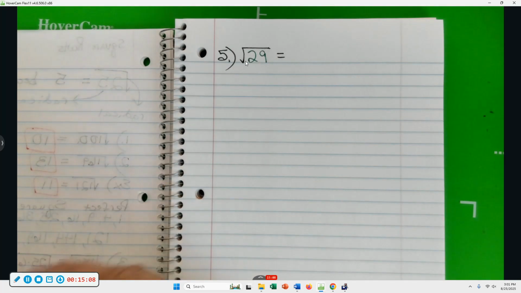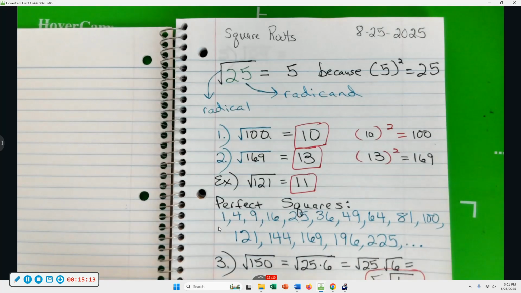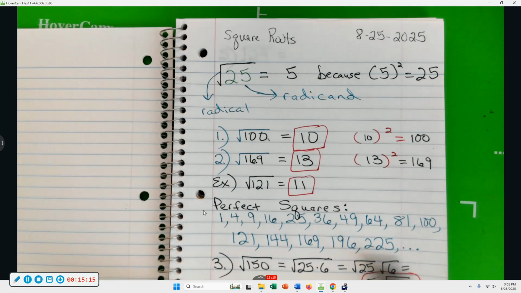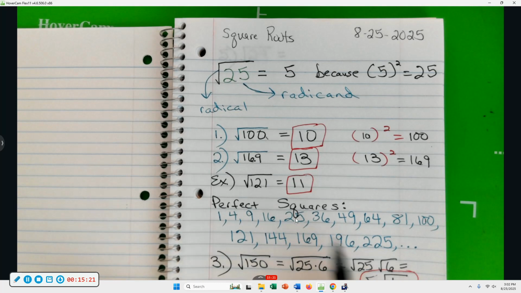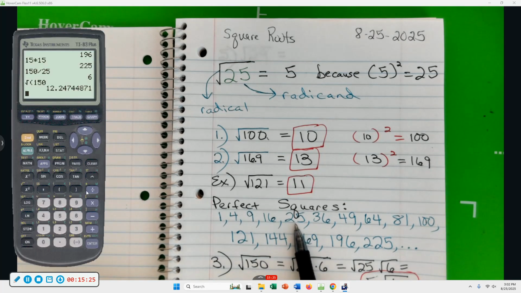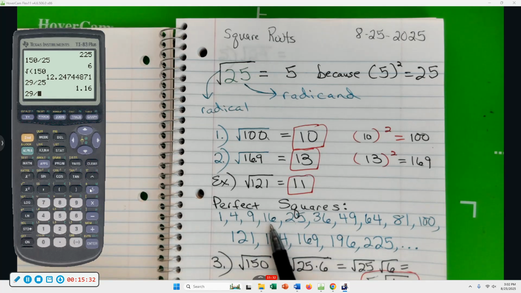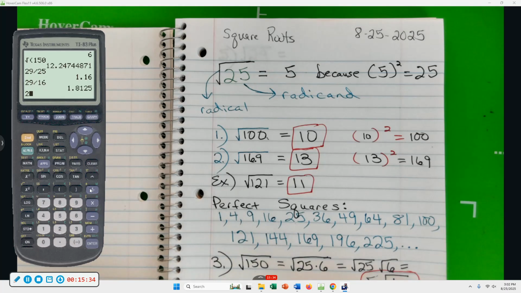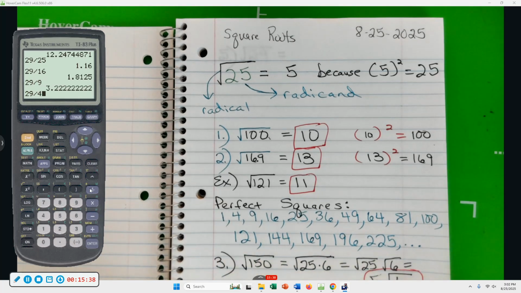Okay, is 29 a perfect square? Here's my list of perfect squares. Y'all see it listed? No. Well, any of these numbers divide evenly except for one. It would have to be a number smaller than 29. Does 25 go evenly into 29? No, if you tried to divide it, it'd be 1 remainder 4. 16, 9, 4, do any of those numbers other than 1 divide evenly into 29?